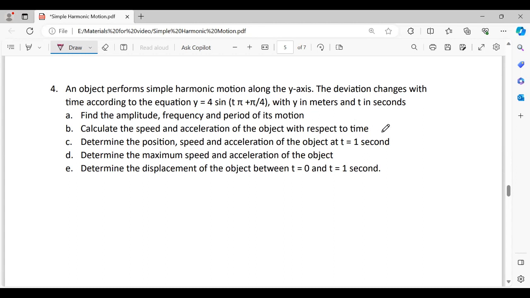Find the amplitude, frequency, and period of its motion. All right. So y equals 4 sine of t times pi plus a quarter pi. Now we are going to determine the amplitude, frequency, and period of its motion.